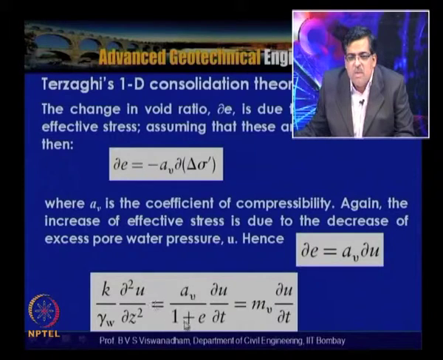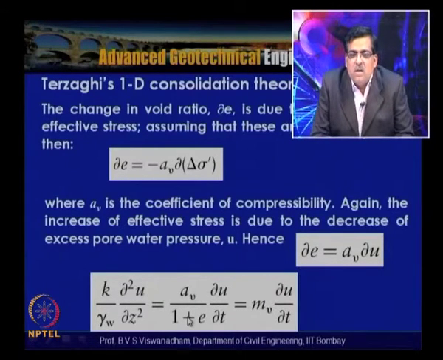This av by 1 plus e is defined as mv, the coefficient of volume compressibility. It is a parameter whose units are meter square per kilonewton, the same as the coefficient of compressibility.